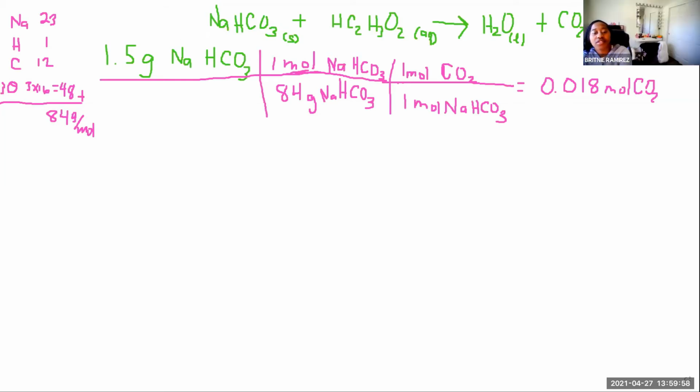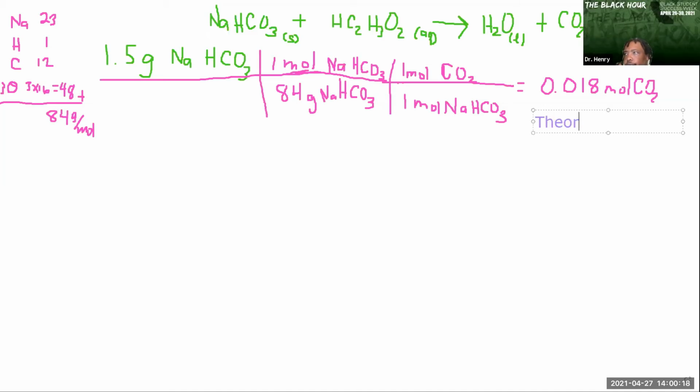So Dr. Henry, the reactant and product on the top, is that exactly what we're actually using in our lab? Yep, this is the exact chemical reaction that's happening. So this here represents, like I said, our theoretical.